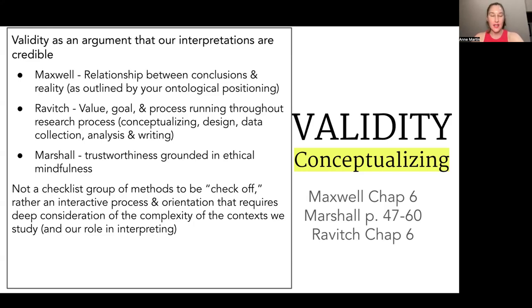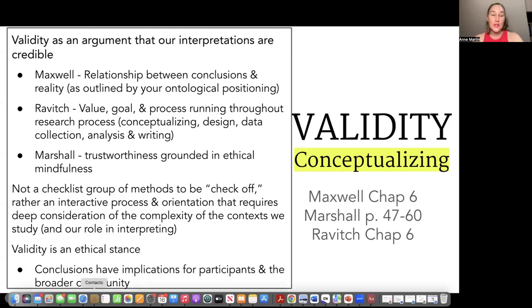What is the evidence that this construct is happening? How have you demonstrated this in your work and in your writing? So instead of being like a checklist or something that you can just check off and move on from, think of validity as an interactive process or an orientation that requires you to deeply consider the complexity of the context that you're studying and your role in interpreting that context.